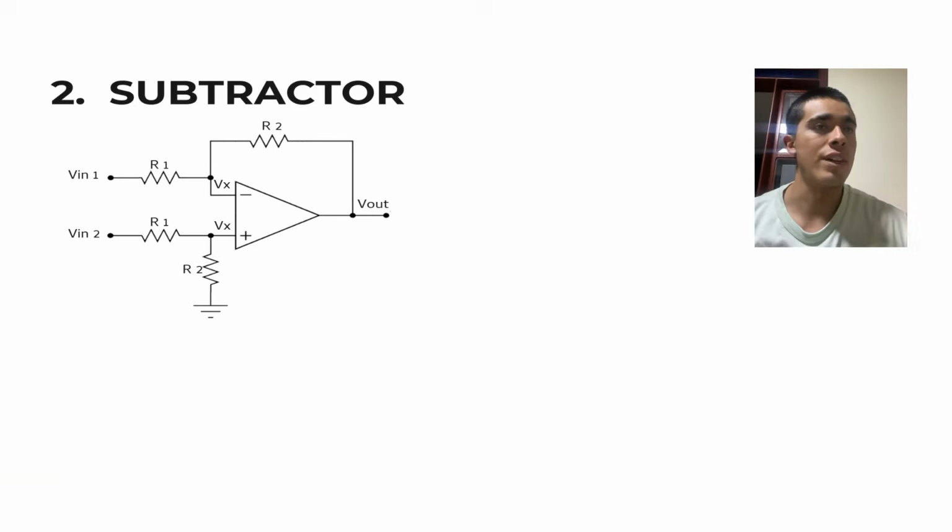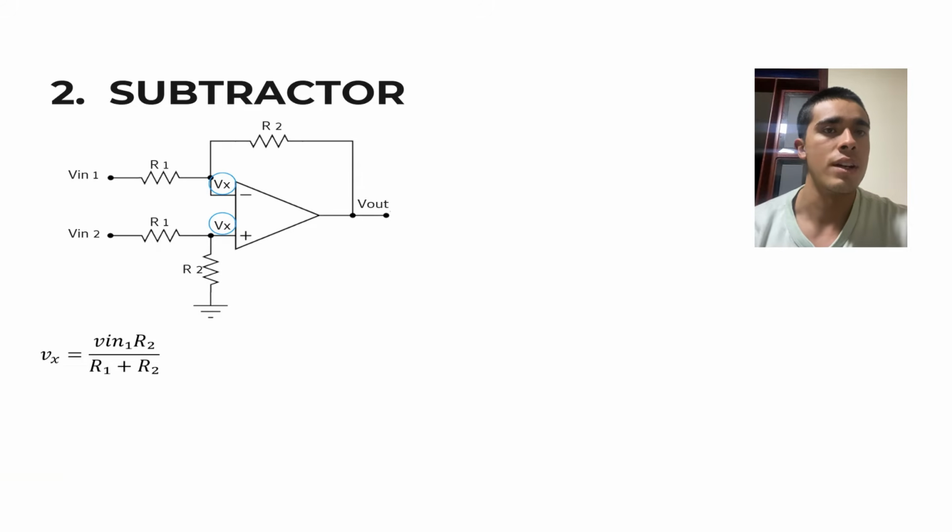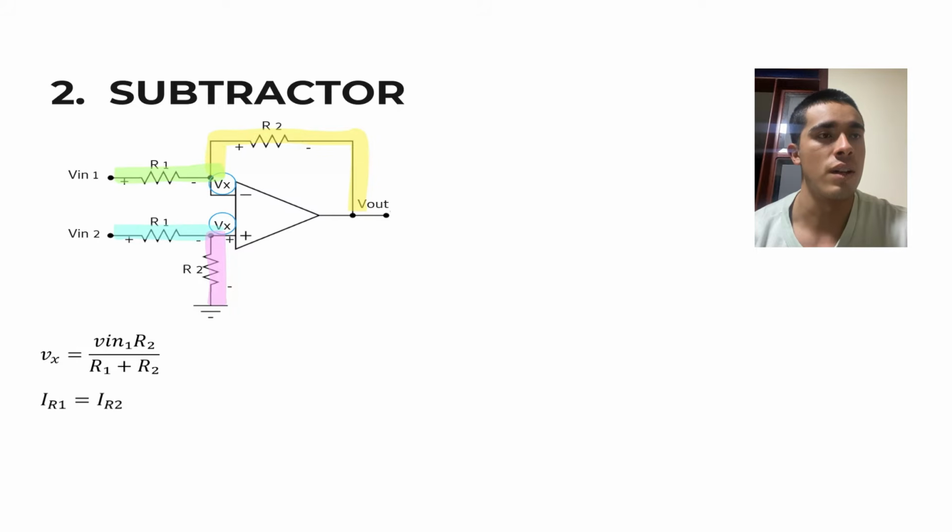The second configuration is the subtractor. It has two pairs of equal resistors. One pair corresponds to the inputs and the other connects Vx to Vout and Vx to ground. Due to the virtual short circuit, the inverting input node has the same voltage as the non-inverting input. By the voltage divider principle, this voltage is defined accordingly. According to Kirchhoff's law, the current flowing through the second input, resistor 1, resistor 2, and the output voltage is the same.